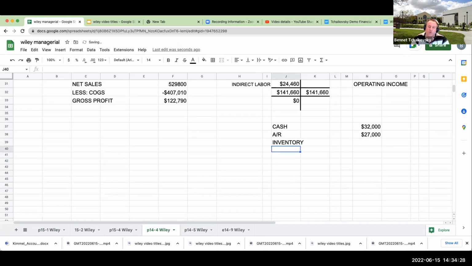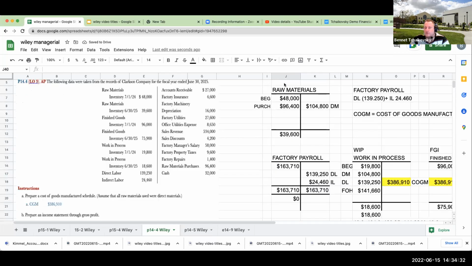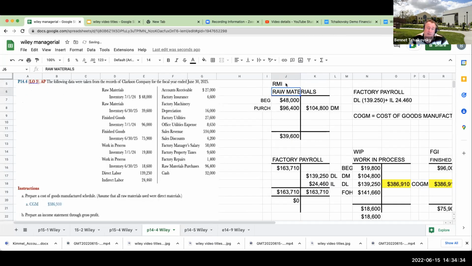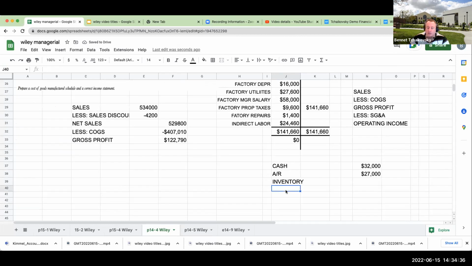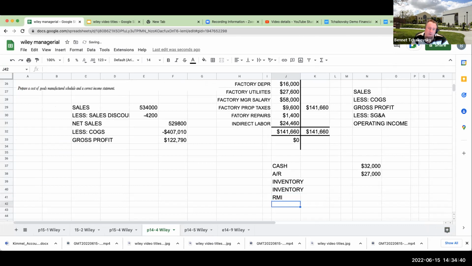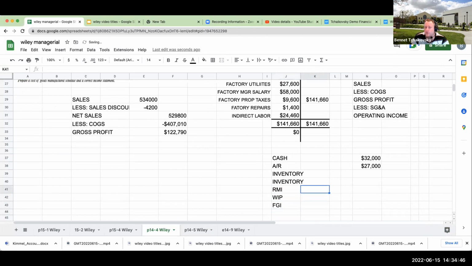For the inventory, it's going to be a little bit different, right? What's left in inventory? Well, it's only going to be 3 items: raw materials inventory, work in process or work in progress inventory, and finished goods inventory.